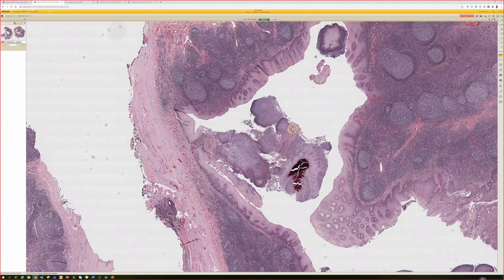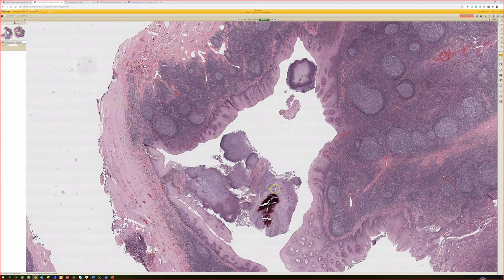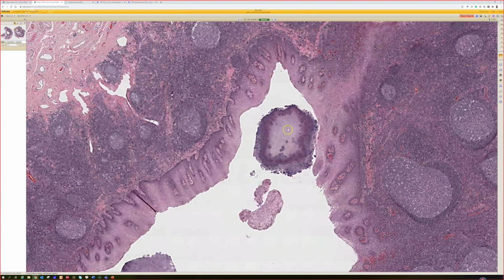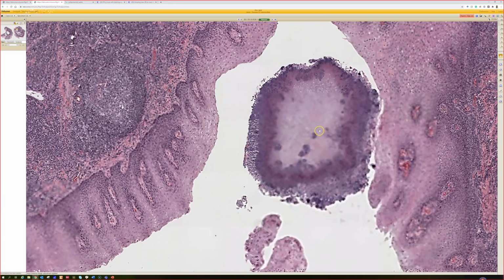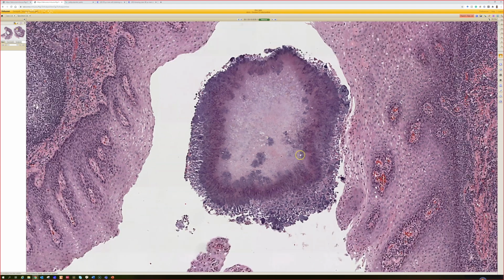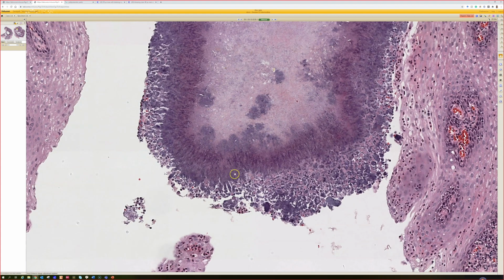And here in one of these crypts, we see some large structures. And what are these? They're kind of organized in rings almost, right? So they've got a center and then a ring of purple around the outside.